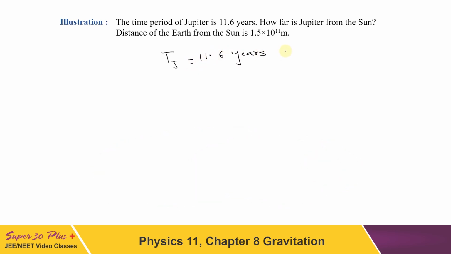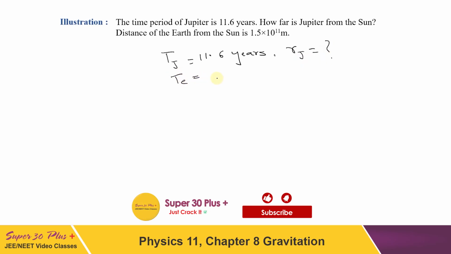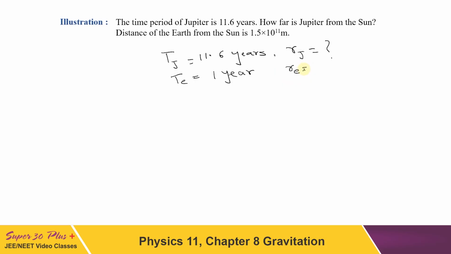Its distance from the Sun is not given, that we have to calculate. I am writing the distance by Rj. Now the time period of revolution for Earth is equal to 1 year, as we know, and the radius of orbit of Earth, that is written by Re, is 1.5 into 10 to the power 11 meter.